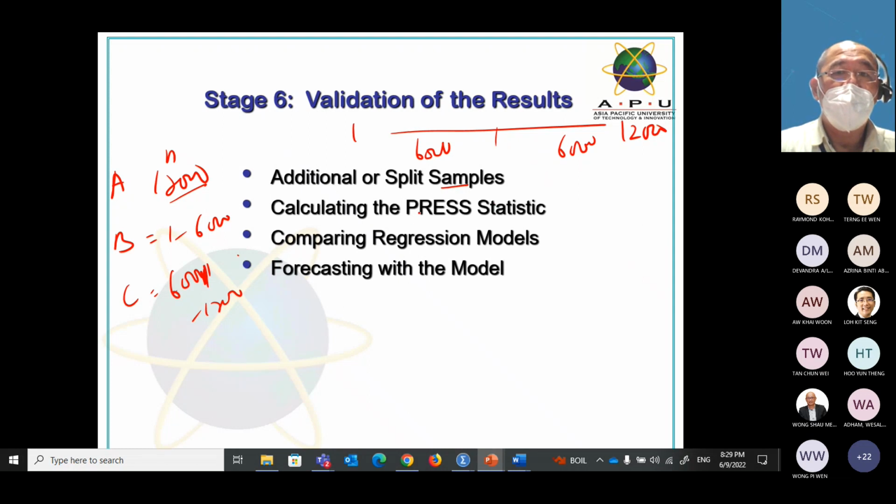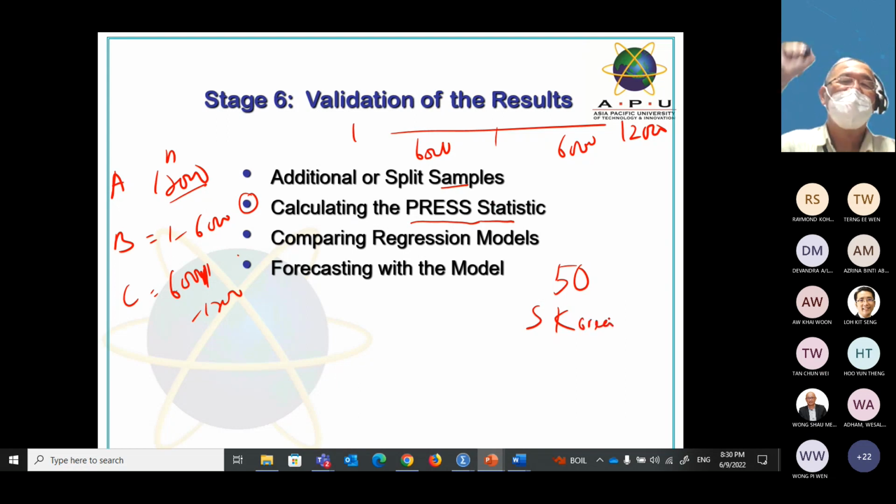So you see calculating the price statistics. This was also discussed a little bit previously. We can remove one company. Let's say you have 50 companies from South Korea. South Korea is the best example because Samsung is very important. Malaysia does have very important companies, but even Petronas is not considered as significant as Samsung in South Korea.